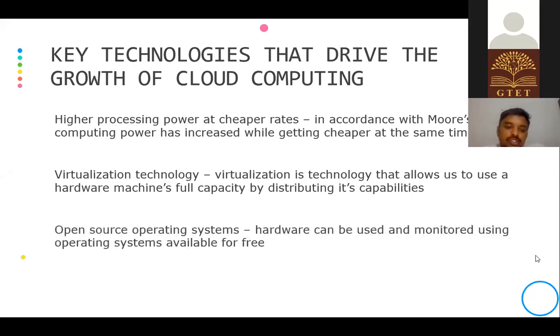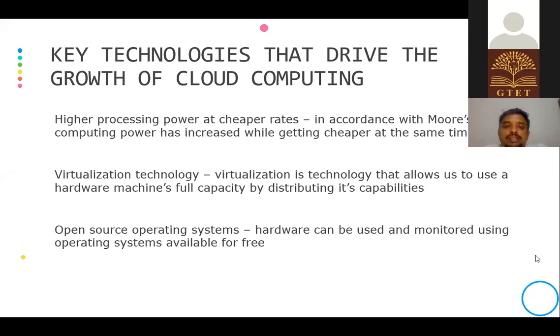Now, open source operating systems. Open source operating systems are free operating systems. This is a set of instructions that help your hardware run, that help your software interact with your hardware. The open source part means they're developed for free for everybody, and you do not have to pay anybody to use them, right?